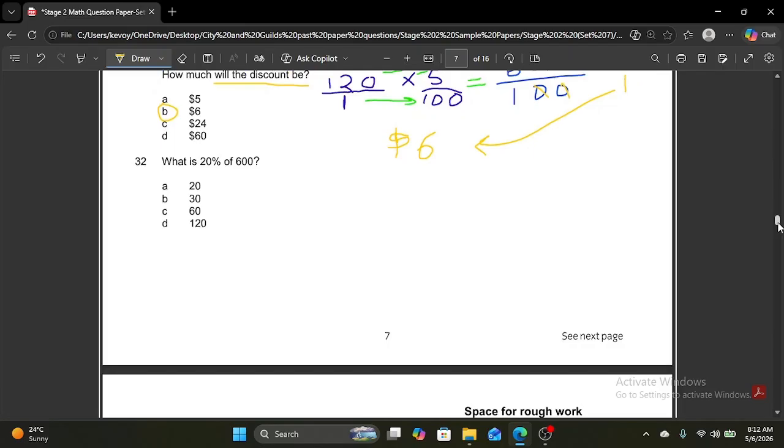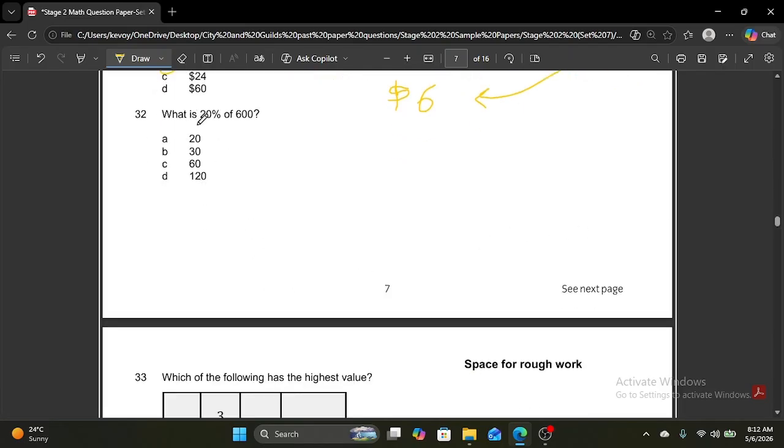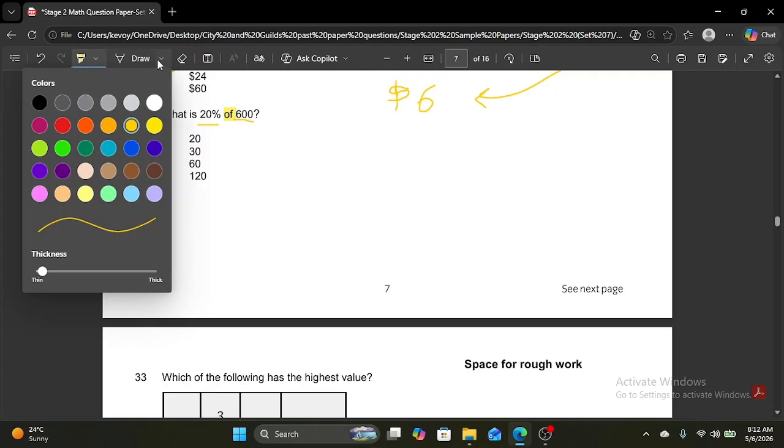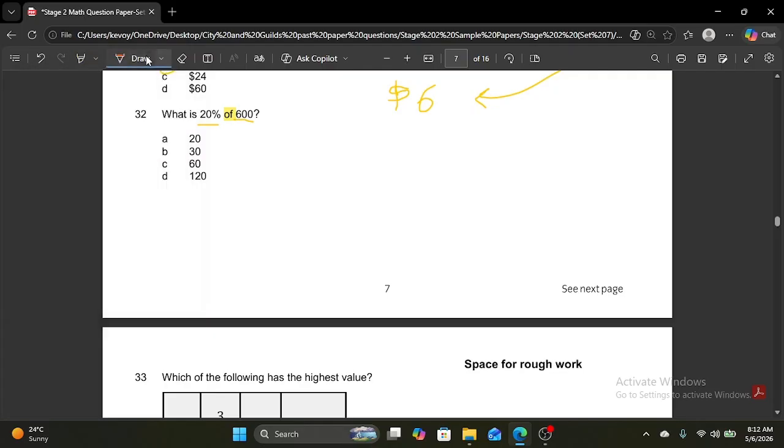Alright, moving right along. What is 20% of 600? And if you realize, as I said before, look at the word right there, of. That means we're going to have to multiply. So let's change the color. That would be 600 times 20%.